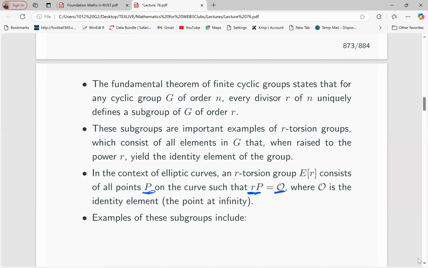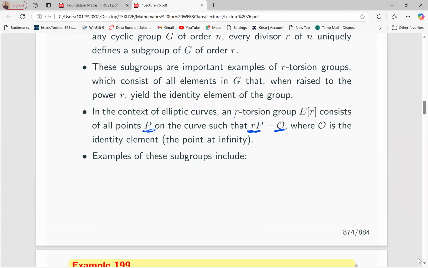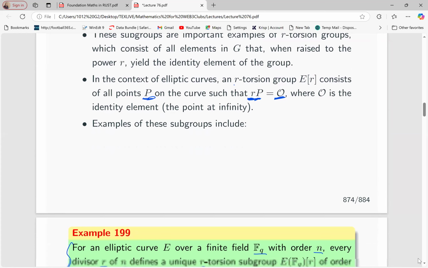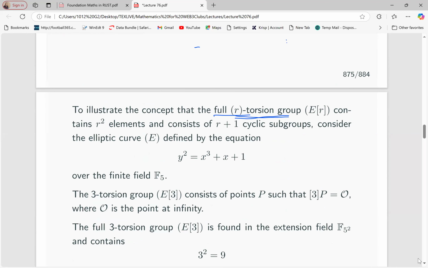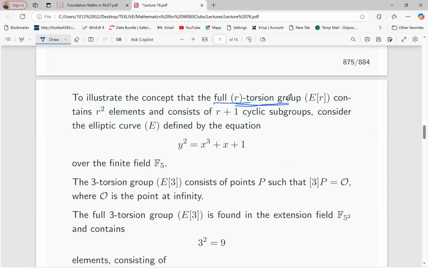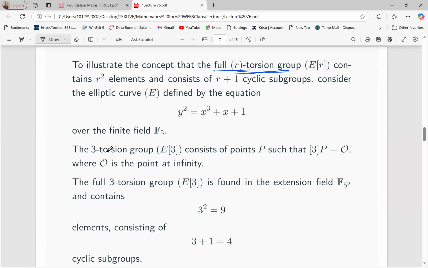Once you have our R, you have the R torsion points. What do we mean by the full R torsion? I'll explain using the notion of three torsion.